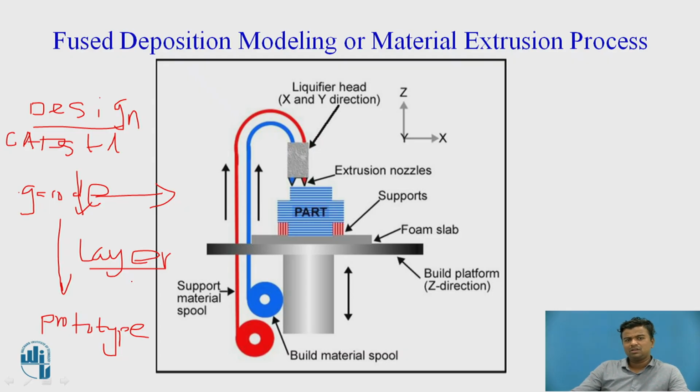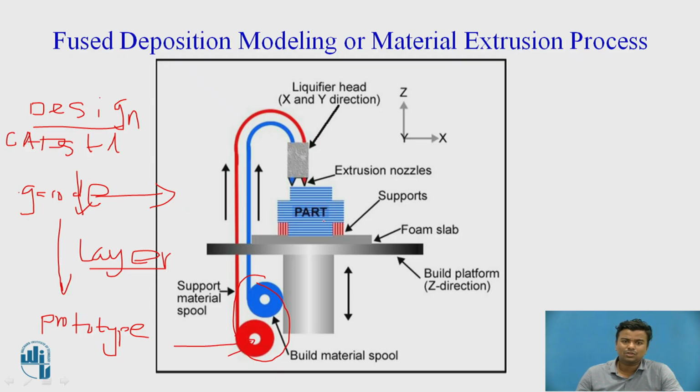In today's session, we are discussing fused deposition modeling, or the material extrusion process. In this diagram you can observe two types of spools. These work as raw material in solid form. The first is the support material spool, used to develop the support structure.